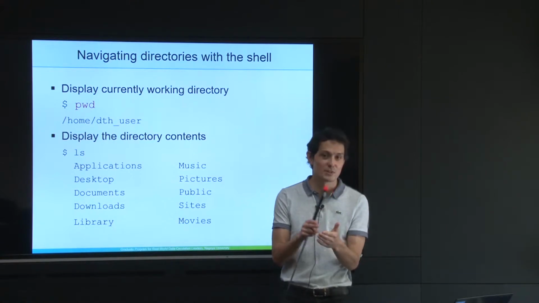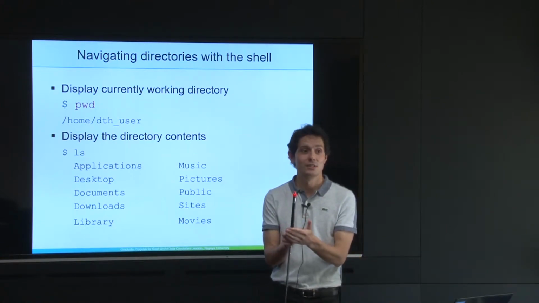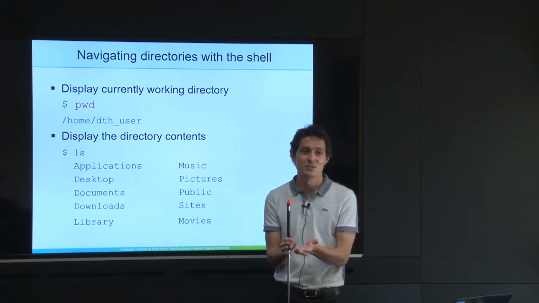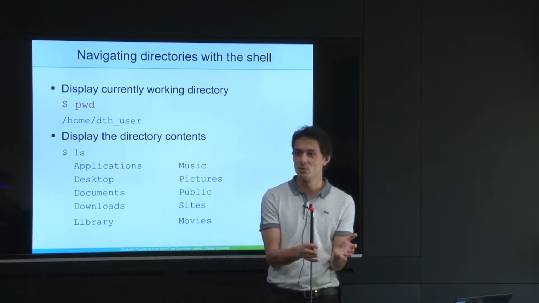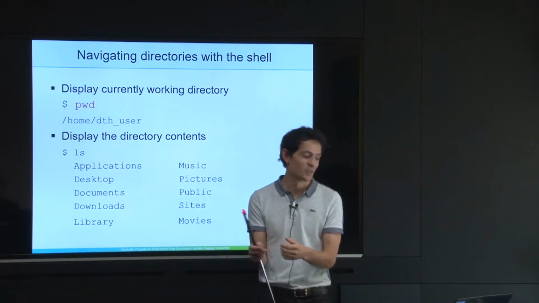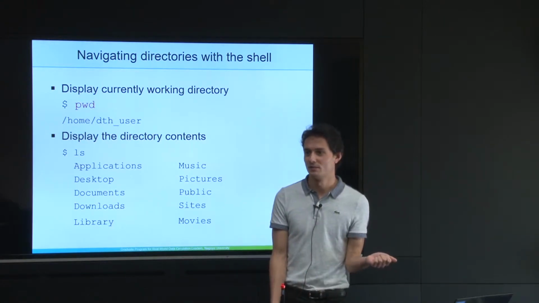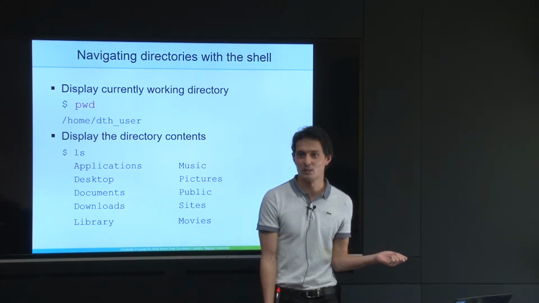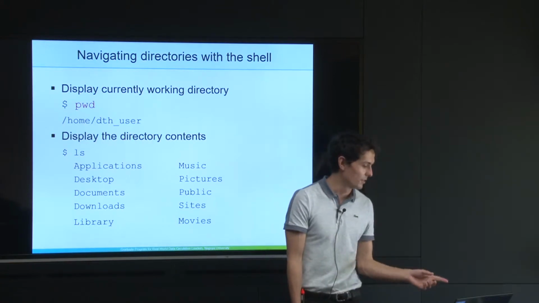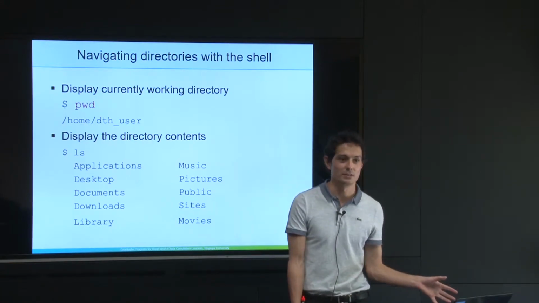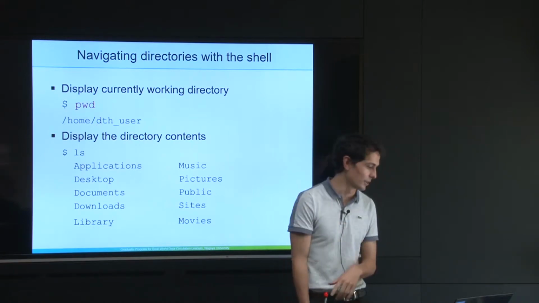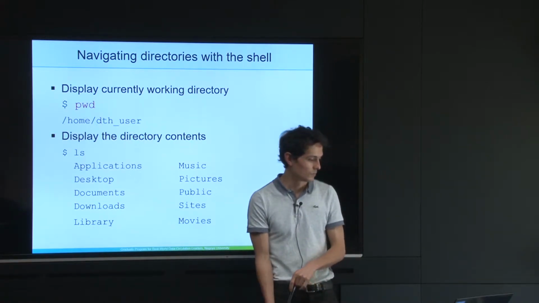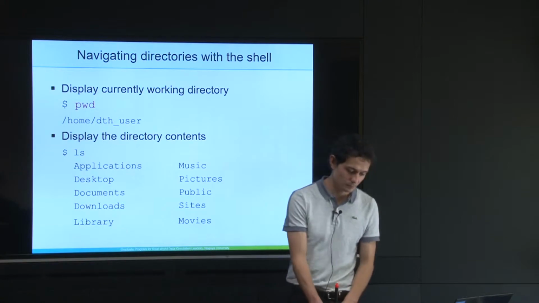So the ones with dots are hidden files, ones which aren't really important for you to see. You want to know where your pictures folder is, you want to see your music, you want to see those files, but you don't need to see profile caches and this sort of thing. So that's why they're hidden files. And the A flag commands the terminal to show everything, including those files. Okay.